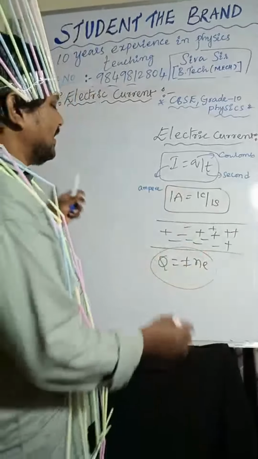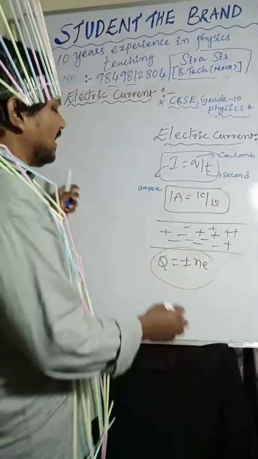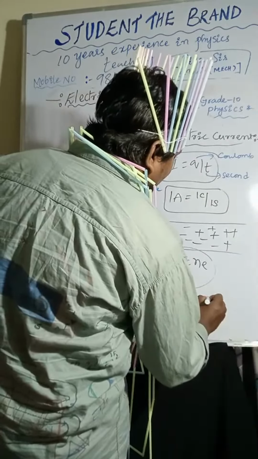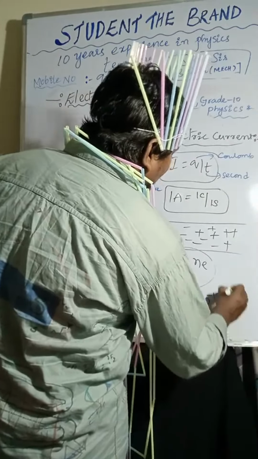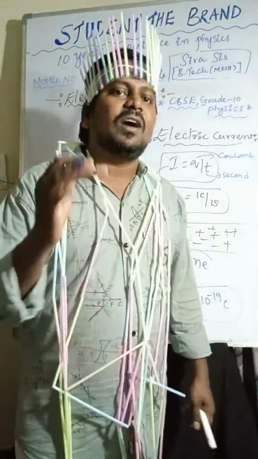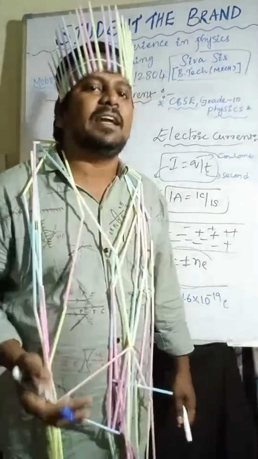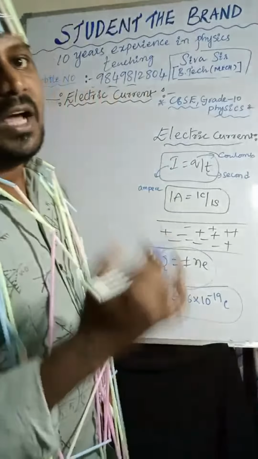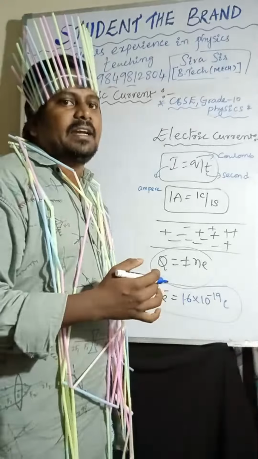So we are considering one electron. The charge present on one electron is 1.6 into 10 power minus 19 coulomb.